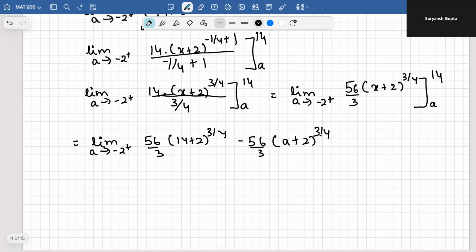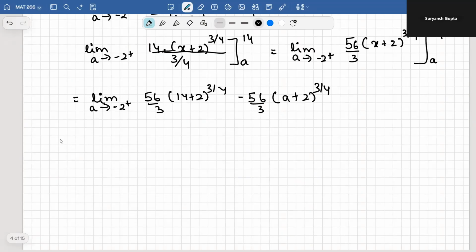And now I can plug my a back in since I've done the definite integral. And I end up getting 56 by 3 times 16 to the power 3 over 4, minus 56 by 3 times (negative 2 plus 2) to the power 3 over 4.